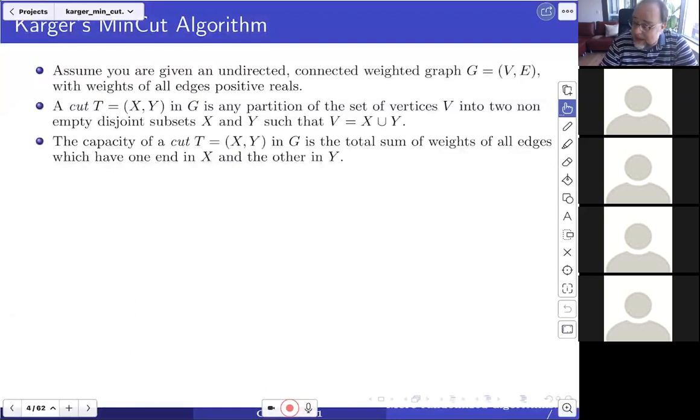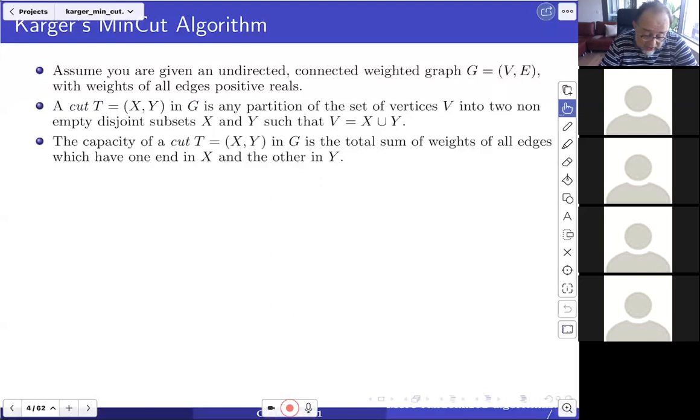So every vertex has to belong either to X or to Y, but not to both. Because the graph is undirected, the capacity of a cut in G is the total sum of weights of all edges which have one end in X and the other in Y. You remember when we did capacity of a cut in directed graphs, we only counted the capacities of edges that go from the source side to the sink side.